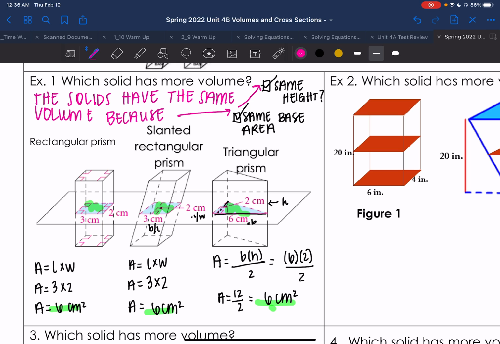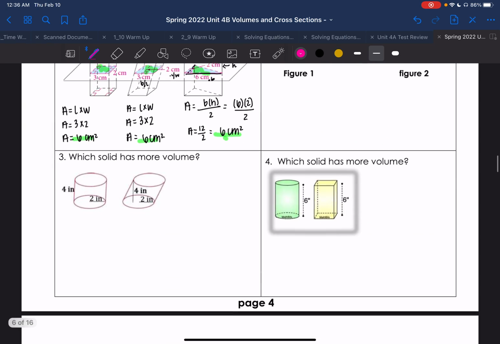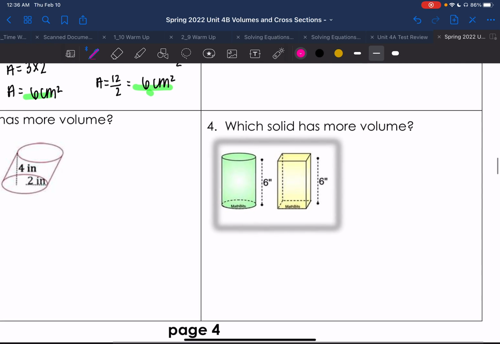I want to look at number 4 real quick, and then we're going to jump to the back side. All right? Which solid has more volume? Well, again, we need to establish that we have the same height, and we need to establish that they have the same base area.